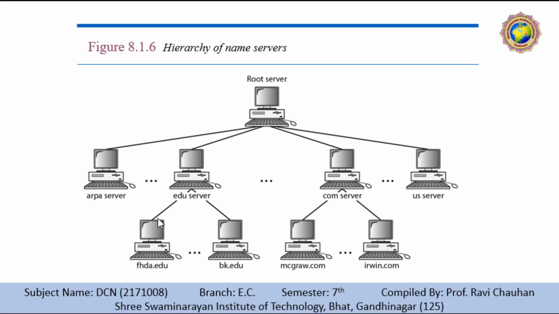Each server can be responsible for either a large or a small domain. In other words, we have a hierarchy of servers in the same way as we have a hierarchy in the names. Fine. The figure clearly explains it: it is the first level, and these are subdomains or subtrees.